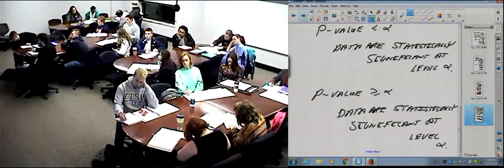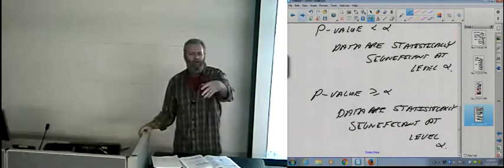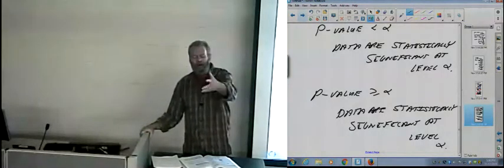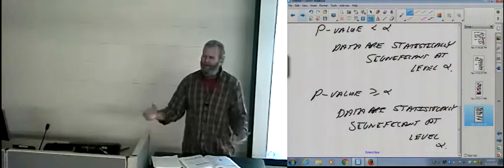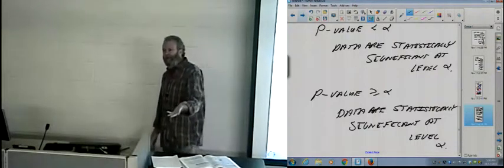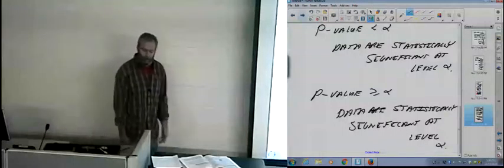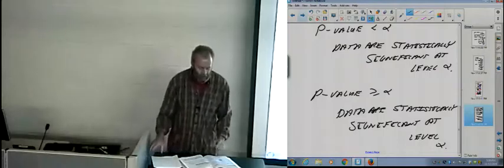Again, the significance level is in the problem. They'll tell you, do this at significance level 5%. Is it significant at the 5% level, the 1%, the 10%? Look, 10% is pretty large. 5% is the standard. If we require a whole bunch of evidence, we want the 1%, to get rid of the null in favor of the alternative.